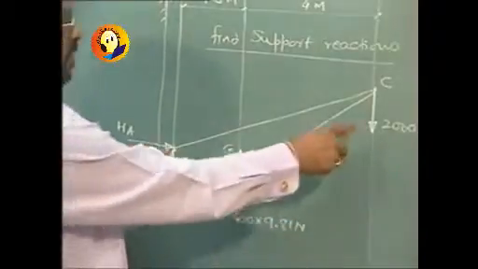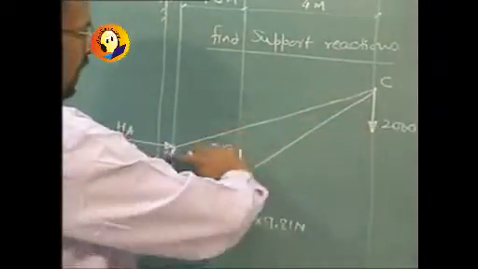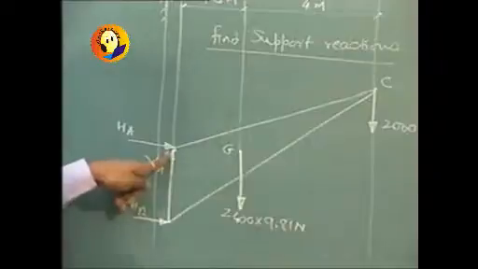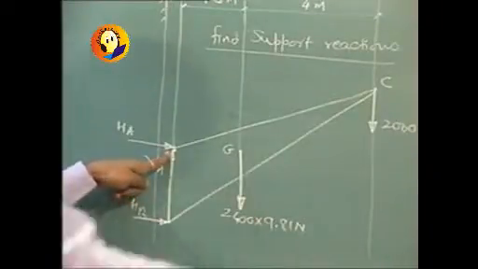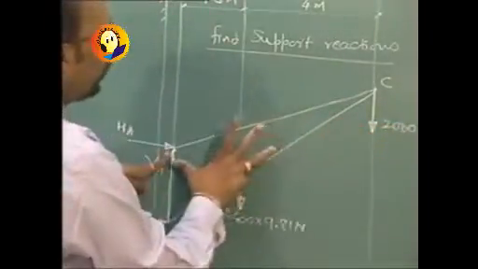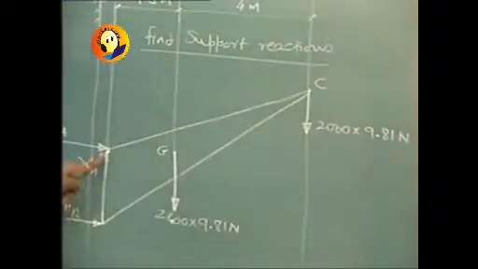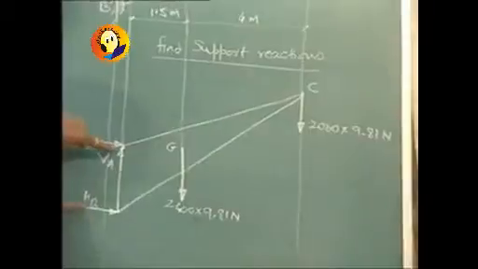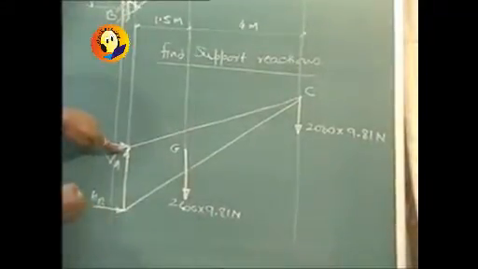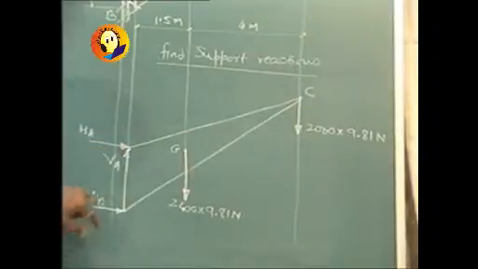Then the weight which is to be lifted, 2000, that is also going to produce a clockwise moment, and it will be 2000 into 9.81 into perpendicular distance, which is 4 plus 1.5, 5.5 meters. And finally HB is also going to produce a moment, but it will be producing anti-clockwise moment, and it will be HB into perpendicular distance, that is 2 meters.